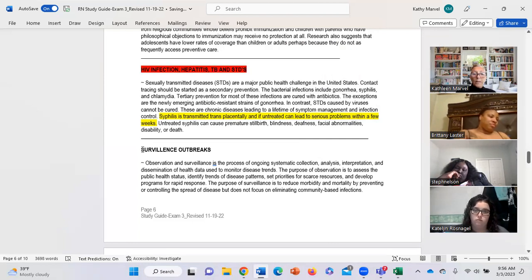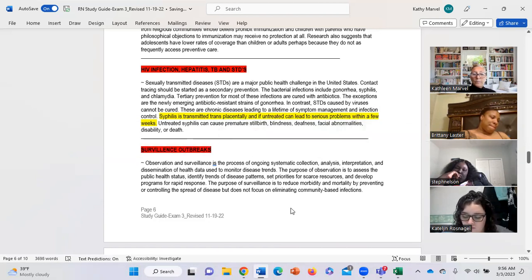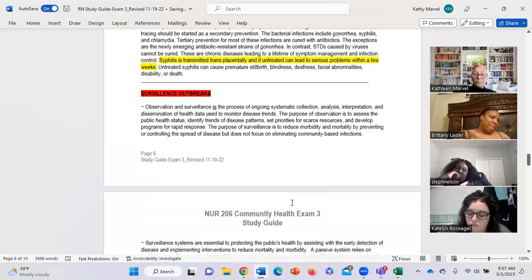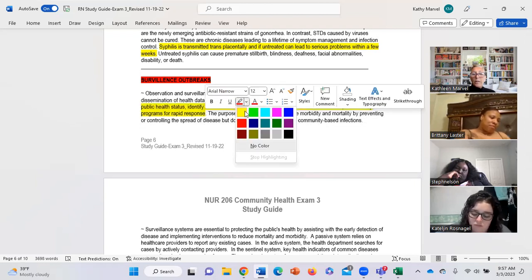Surveillance and outbreak. You need to know the difference between observation and surveillance. This talks about it right here. The purpose of observation is to assess public health status, identify trends of a disease, set priorities, use your resources, and develop a plan for rapid response. Does that sound like your ADPI?